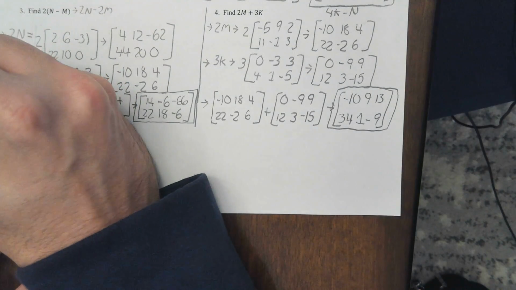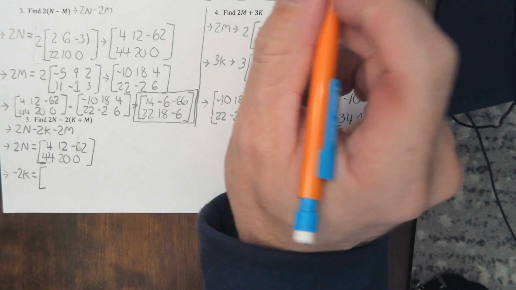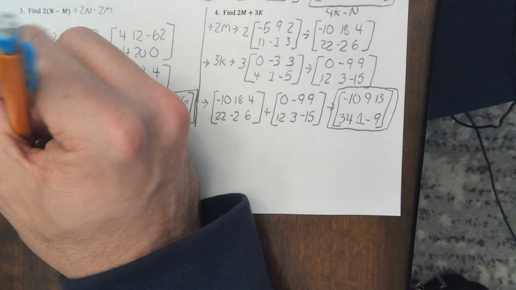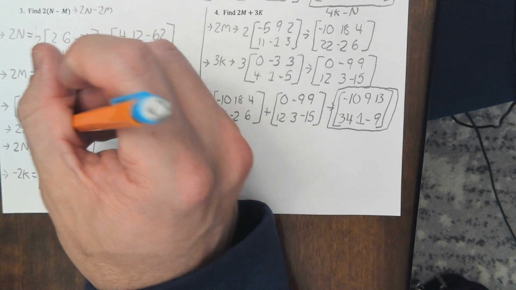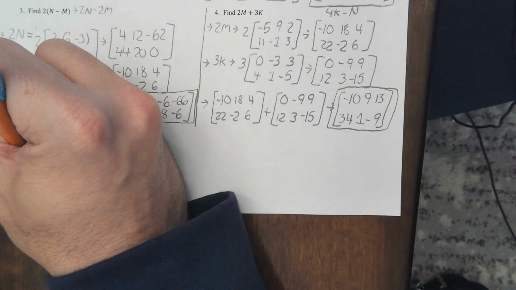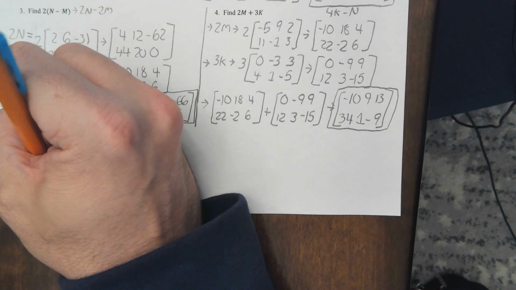Negative 2k equals just taking k and multiplying every element by a negative 2. So you get 0, 6, because negative 3 times negative 2 is a positive 6. 3 times a negative 2, negative 6. Negative 2 times 4, negative 8. Negative 2 times 1, negative 2.